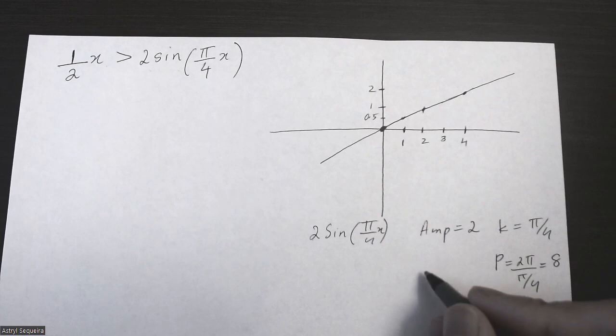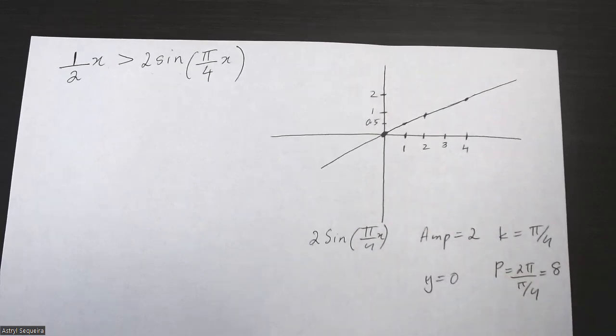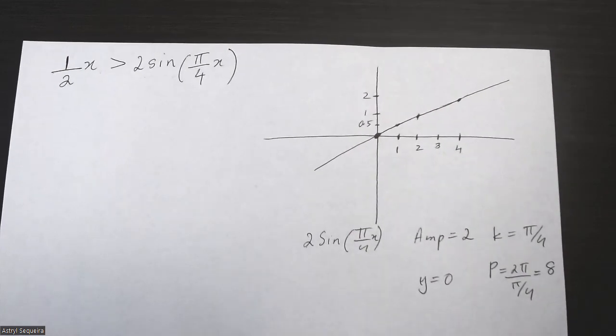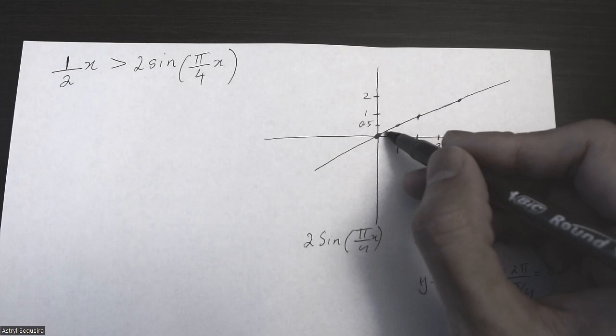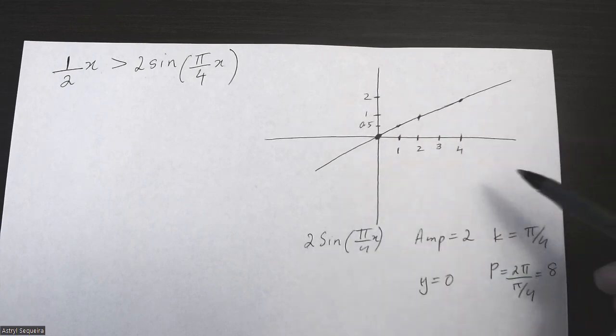My equation of axis is just y equals 0 because there's no c value at the end, and there's no phase shift over here. There's no reflections. So let's draw our sine wave. Sine wave, I know, starts on the origin. It goes up to the maximum.